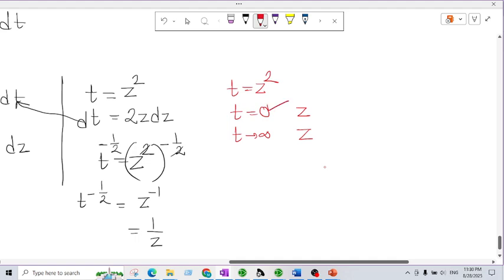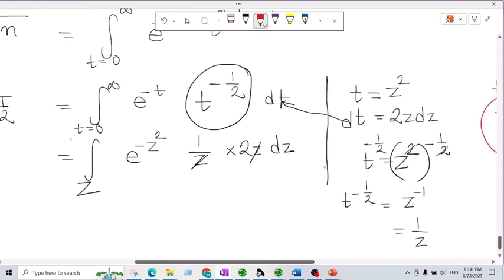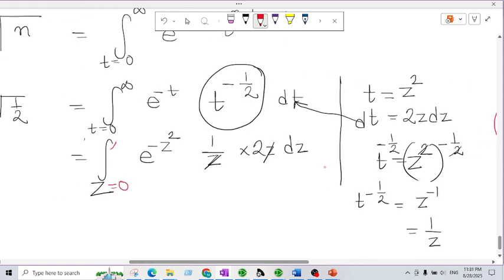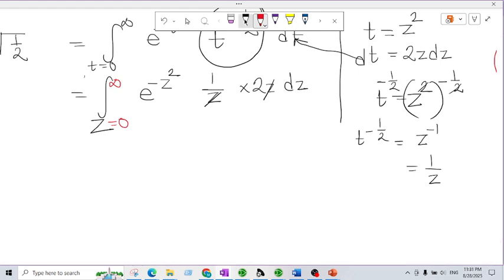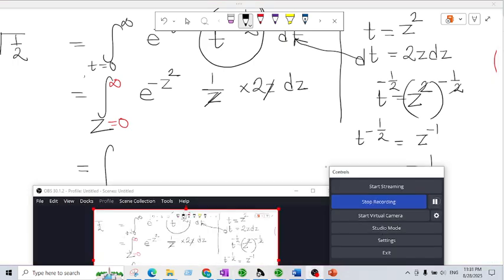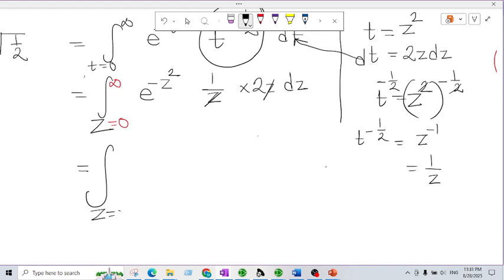When t is equal to 0, z is also equal to 0, and when t tends to infinity, z also tends to infinity. So the two ranges are actually the same. So let me put z from 0 to infinity. Now let's write this 2 outside, then the integral of e to the power minus z square dz.